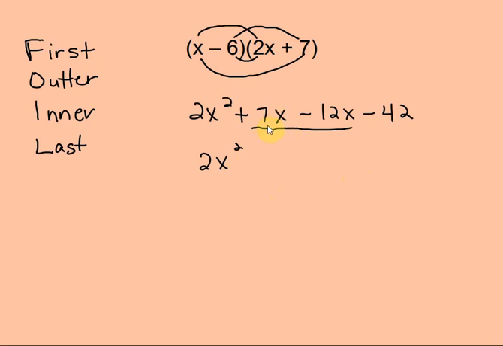And then when we combine these like terms, a positive 7x and a negative 12x give me a negative 5x. And then lastly, we would have a negative 42. So our answer is in descending order according to the exponents. All of our like terms are combined, so this is my answer.